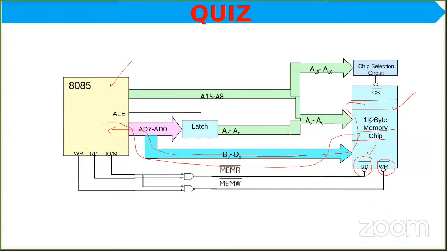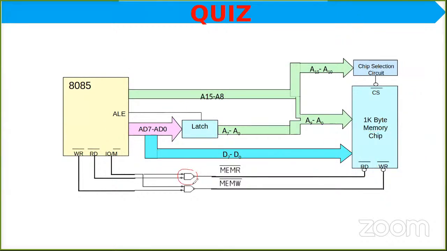Now, to enable and disable, what is required? I am using a gate. What gate is this? It's a NAND gate with inverted inputs. This is a NAND gate with inverted inputs over here, and this is going to the lines WR bar, RD bar, and IO/M bar lines on the 8085.